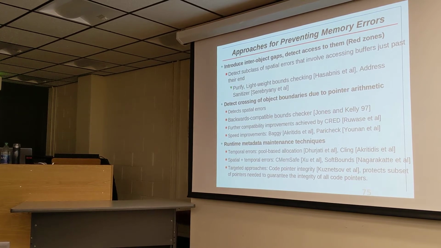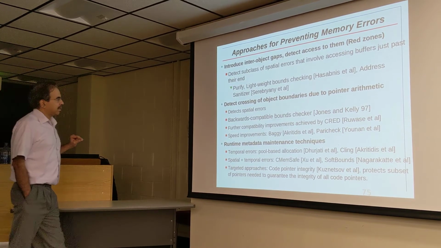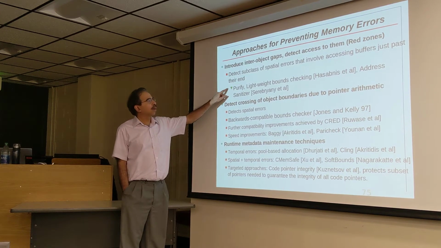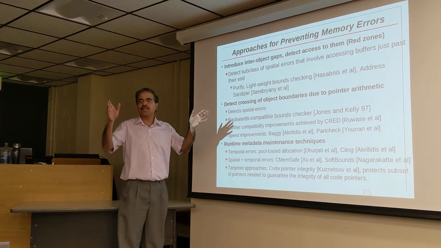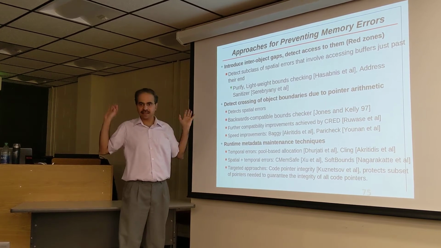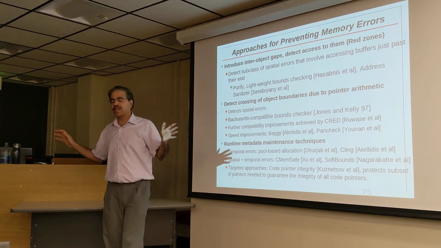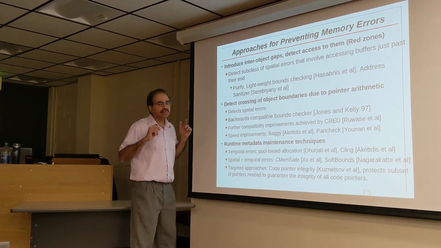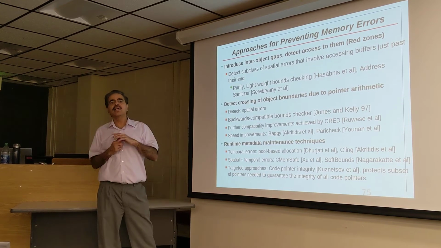So these techniques maintain metadata associated with pointers, right? So here, what we were doing was we were putting something around the object, right? So the pointers themselves didn't have anything, right? There was information around the object, and the pointers were somehow used to check whether they were.